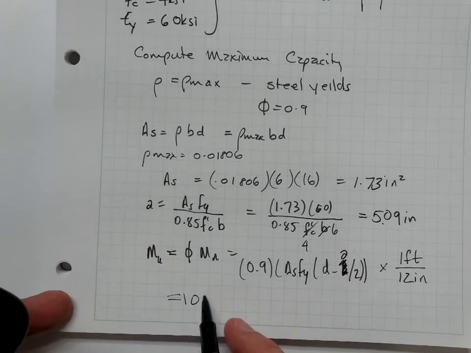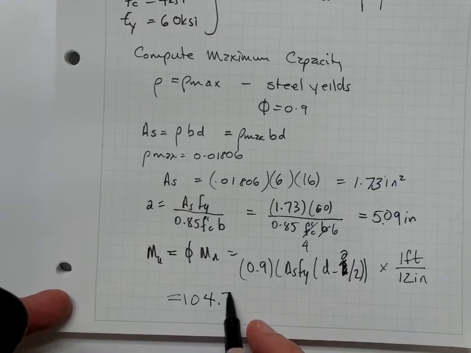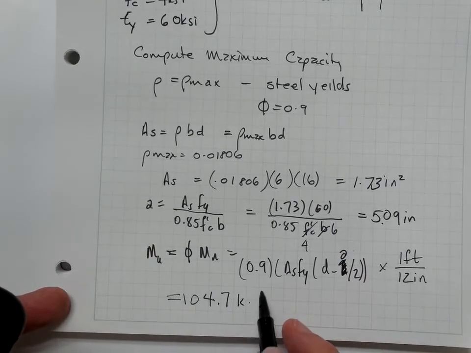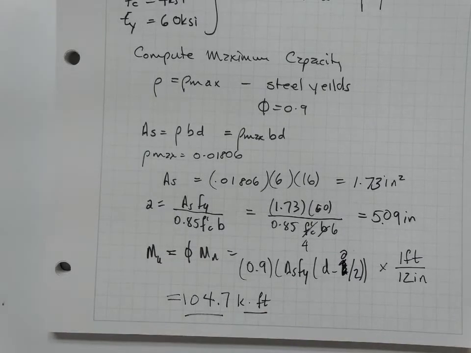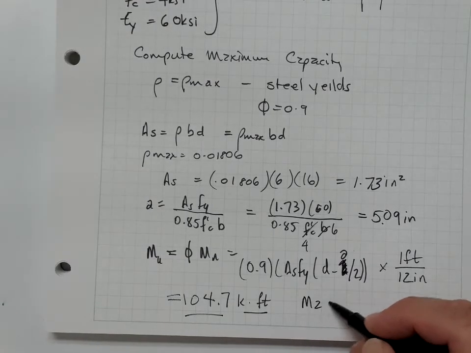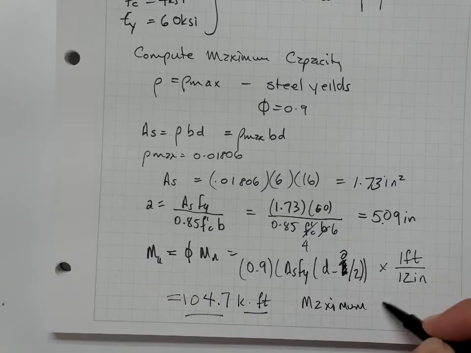I get 104.7 kip feet. Anyone else got the same number? Different number? And so if that's our case, that is the maximum capacity we can get out of this beam.